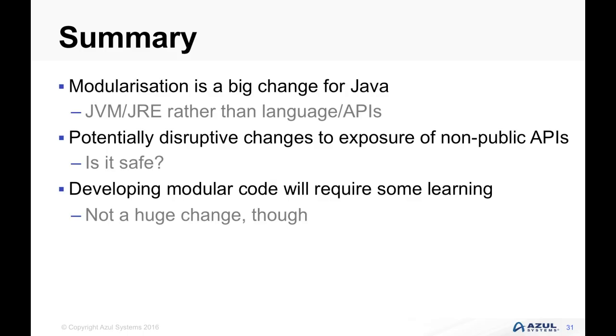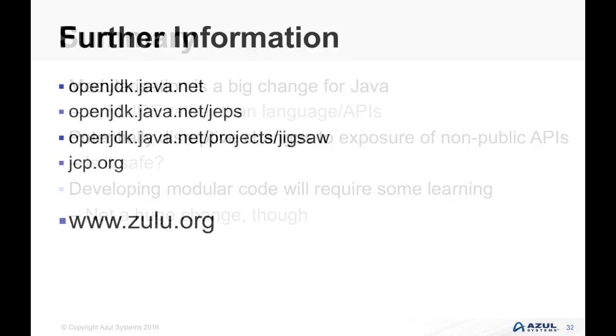There are a few potentially disruptive changes, especially around encapsulation of the APIs, so if you have used private APIs in the JDK, you will need to make whatever changes are necessary. Modular code takes a little bit of learning. There's a migration path to make it reasonably simple to get from one place to another, so it shouldn't be too difficult to migrate your code.